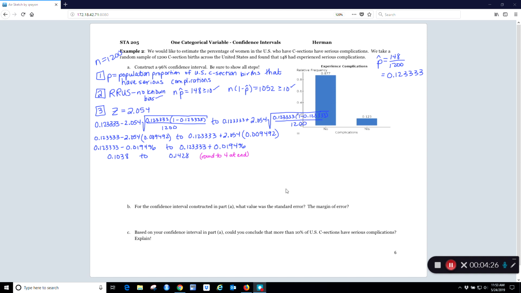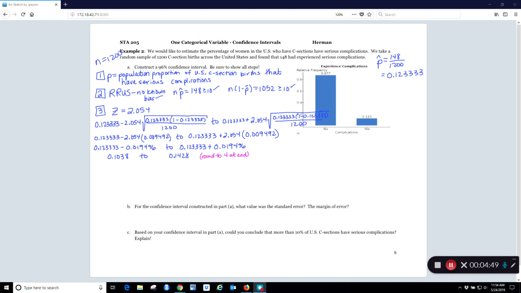So now I have all of my math worked out. I carried at least 6 decimals until the very end, at which I rounded to 4, which is generally what I ask you to do as well. So first finding that square root piece, I got 0.009492. Multiply that by my 2.054 to get 0.019496.